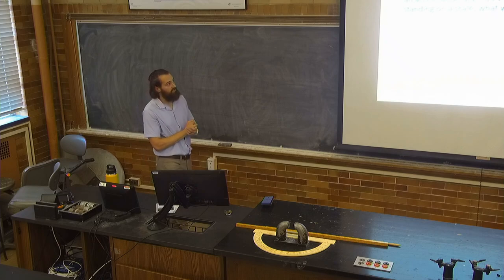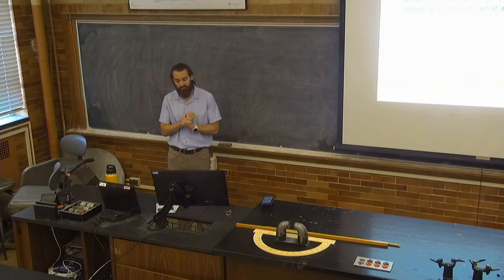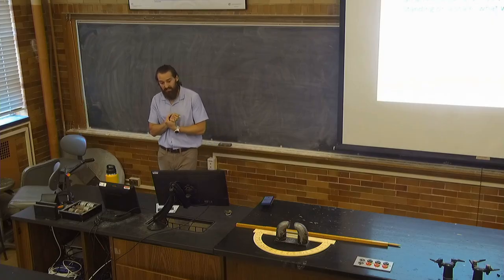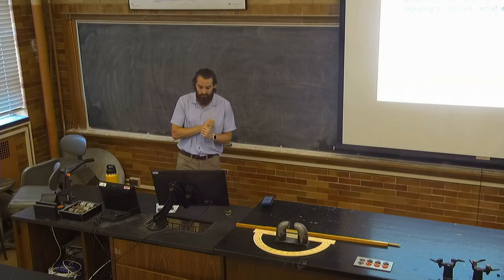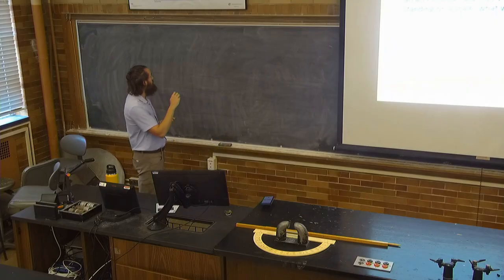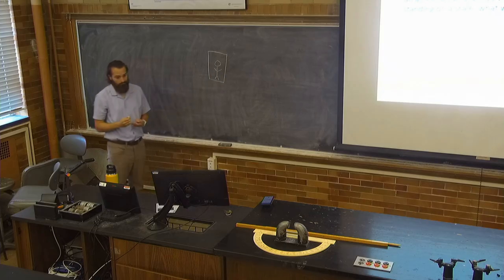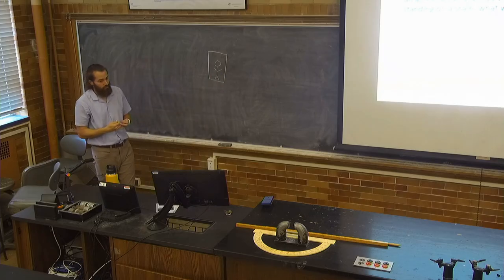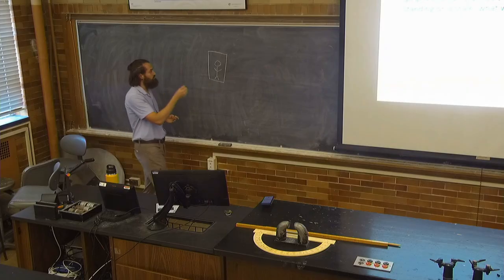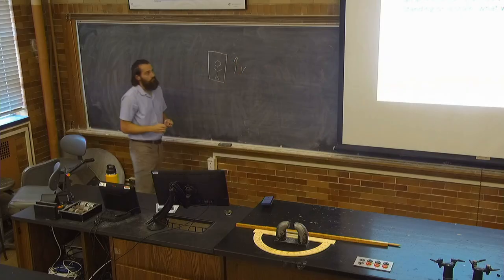Okay, so the problem says an elevator starts from rest and moves upwards at an acceleration of 2 meters per second squared. If a 100 kilogram person was standing on a scale, what would the scale read? Okay, so I have my person in an elevator standing on a scale. They tell me that they're going to start to move upwards, so their velocity is in this direction.